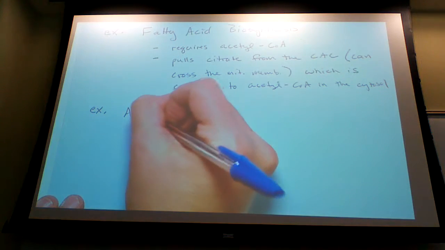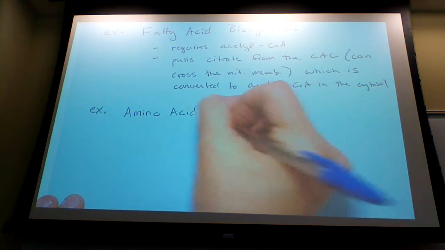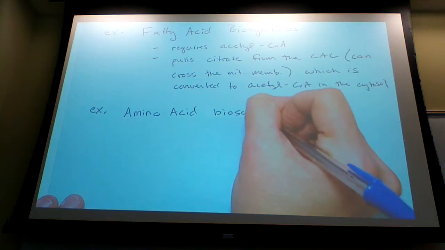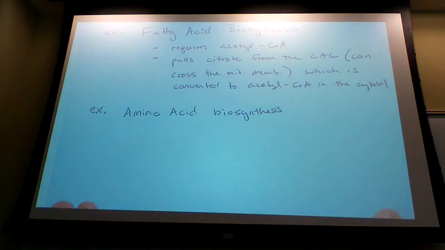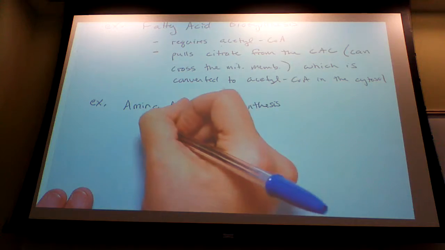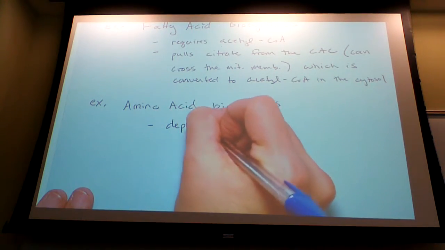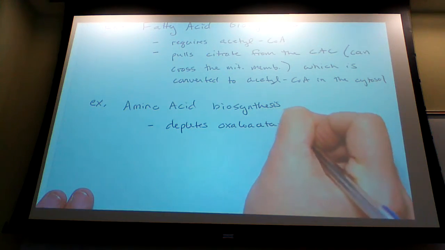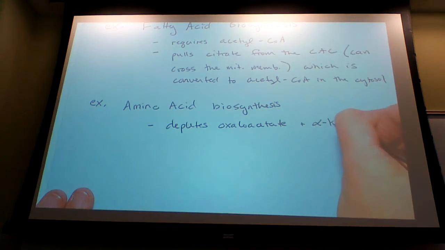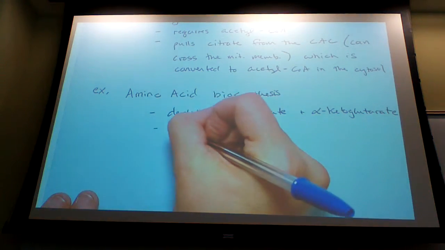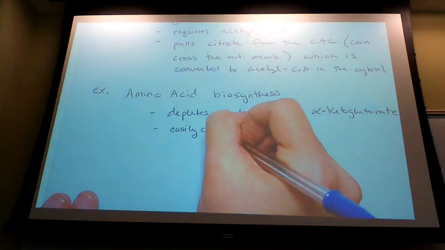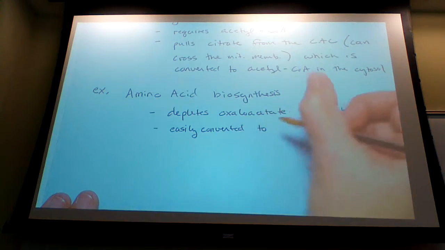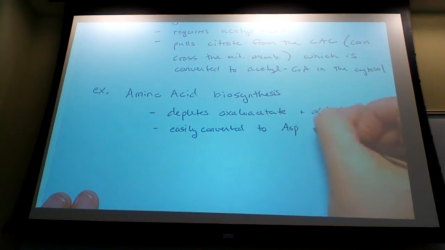And that is amino acid biosynthesis. This depletes oxaloacetate and alpha-ketoglutarate. And these are easily converted to aspartic acid and glutamic acid.